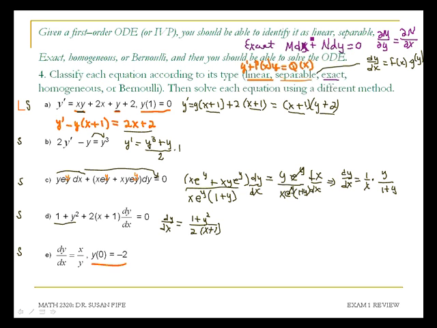So for exact, we want the equation equal to 0, and we want to write these equations in terms of differentials. So wherever we have y prime, we're going to write it as dy/dx, and we want all the terms over on one side. So here I'm going to bring all these terms over.